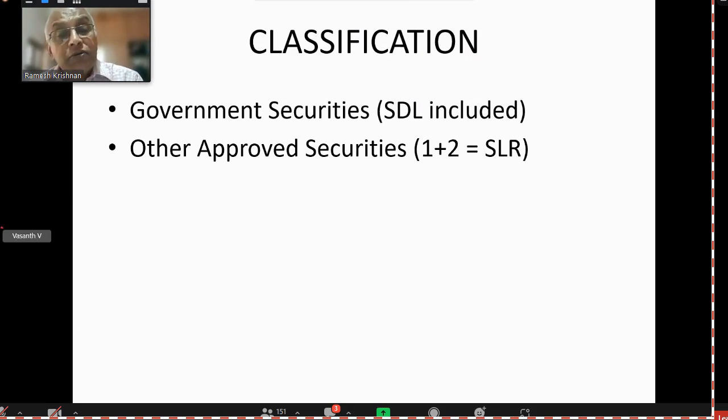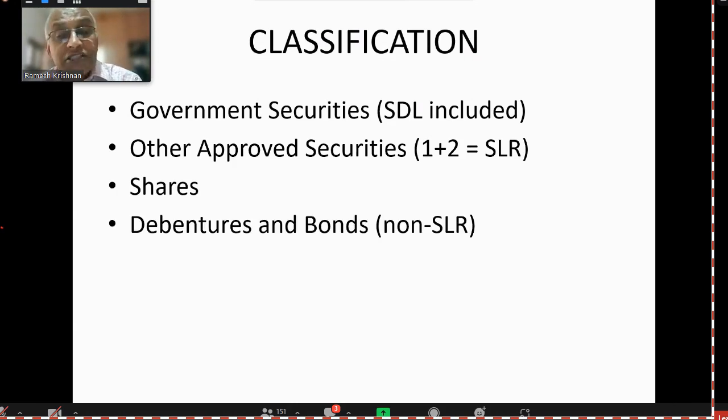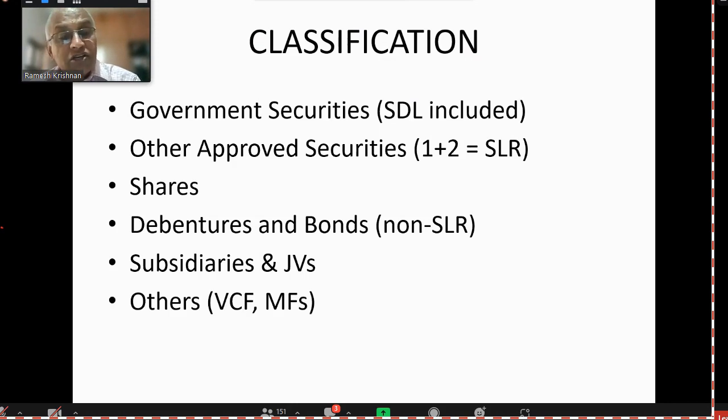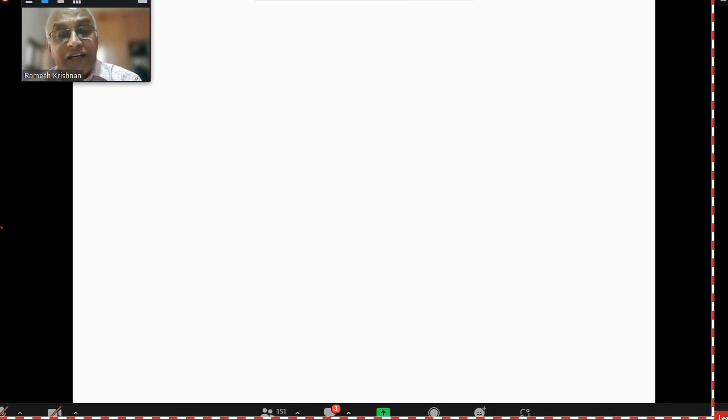So government securities, central government as well as state loans, and other approved securities make your SLR portfolio. Then shares, debentures and bonds, these are not SLR. Then subsidiaries and joint ventures, others, venture capital funds, mutual funds, and then I said derivatives.